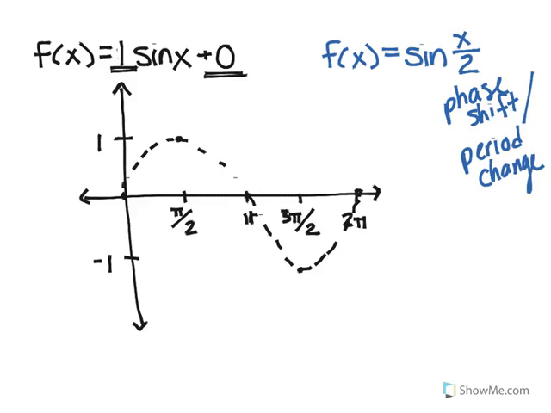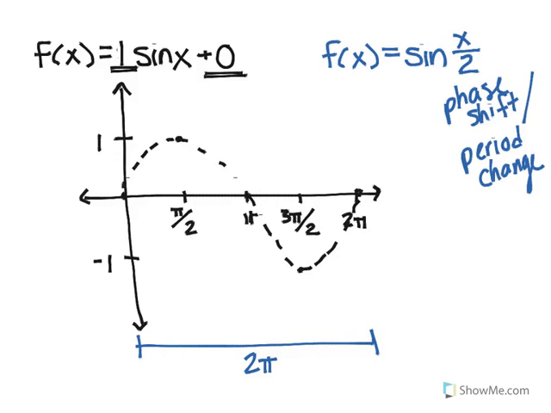In our parent function, that's from here all the way to 2 pi. That is what we are going to refer all of our period changes to. Since our parent function has a period of 2 pi, if it's being changed, that 2 pi is either going to stretch or it will shrink.